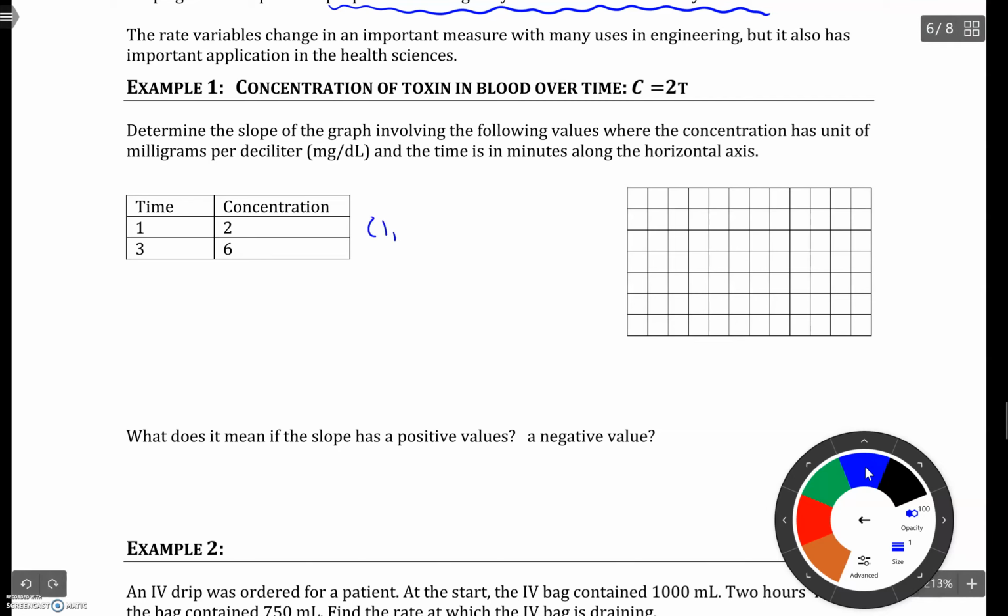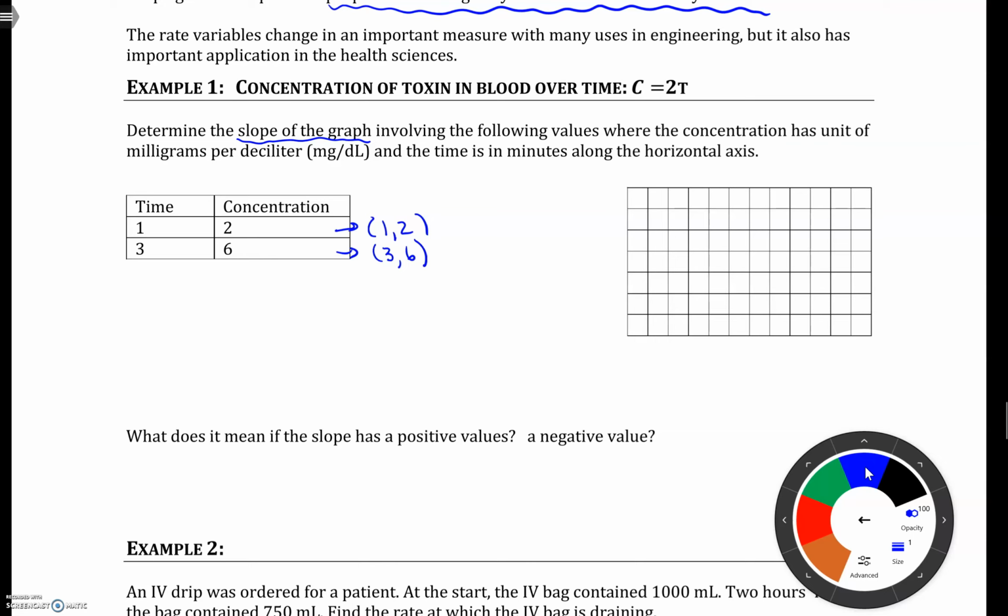If we were to graph these, this tells us that the graph goes through the points (1, 2) and (3, 6). And we want to figure out the slope of the linear graph containing those 2 points.